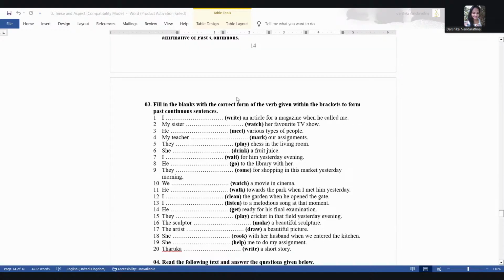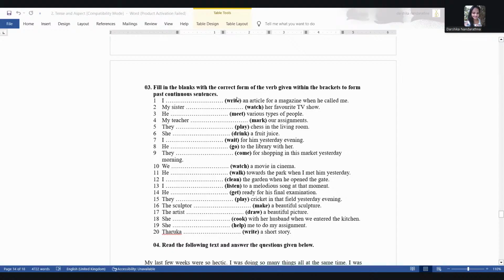This is the activity. Okay, shall we do that one? Fill in the blanks with the correct form of the verb given within the brackets to form past continuous sentences.